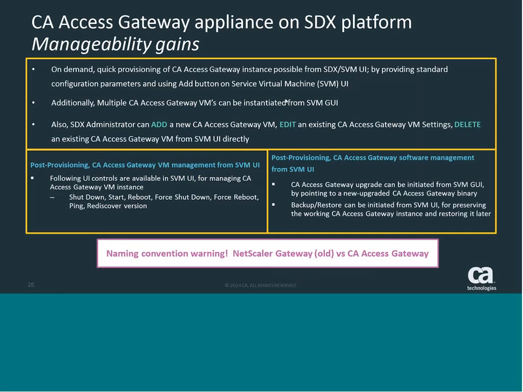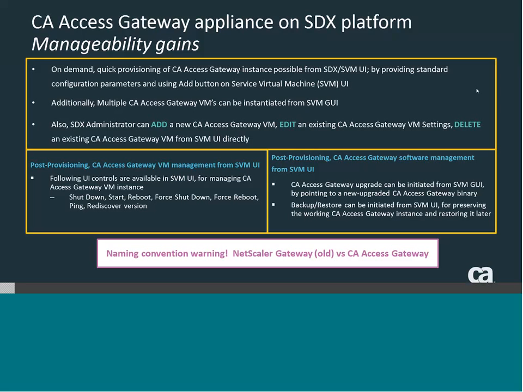So here is a little more detail and a peek into the manageability gains we are getting by allowing the CA Access Gateway appliance to run on the SDX platform. As I mentioned, on demand you can provision CA Access Gateway instances from the SDX and SVM UI. You don't need to go into any specific machine to install the software. You can provide the standard configuration parameters so that when the virtual machine is getting instantiated, your software is also getting pre-installed there with all the parameters we have mentioned.